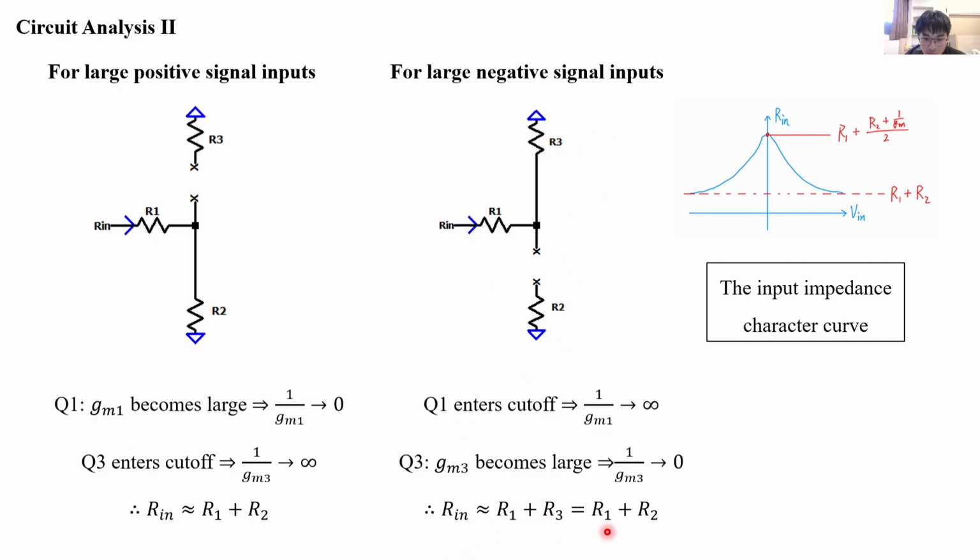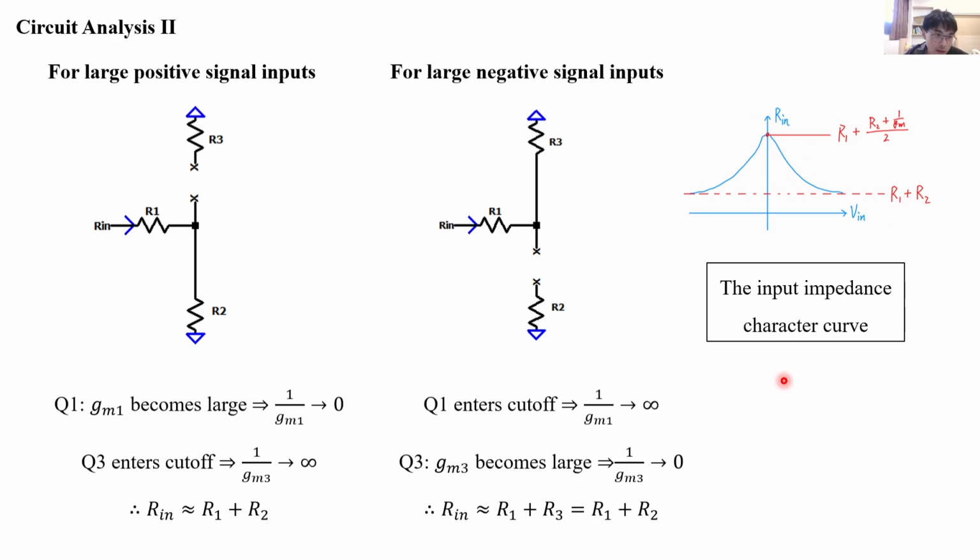The input impedance curve looks like a peak at Vin equals 0 volts. The peak is R1 plus R2 plus 1 over GM over 2, and for very large positive and negative signals, it goes to R1 plus R2.